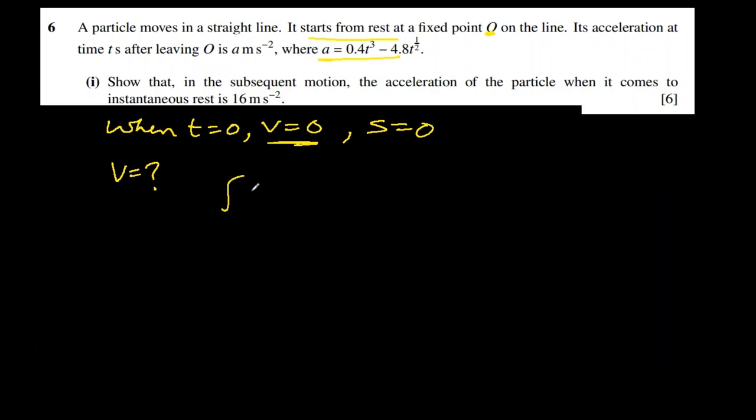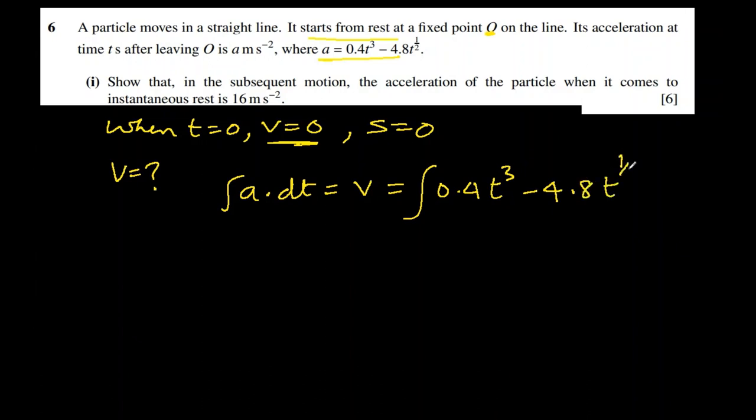So if I integrate a with respect to time, I get v, and so in this case I have to integrate 0.4 t cube minus 4.8 t to the power half dt.